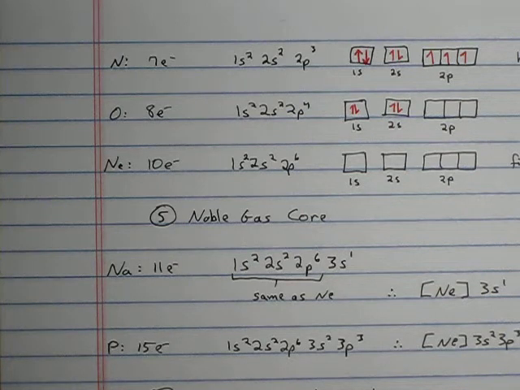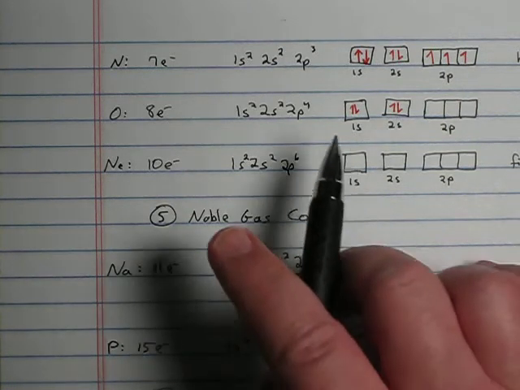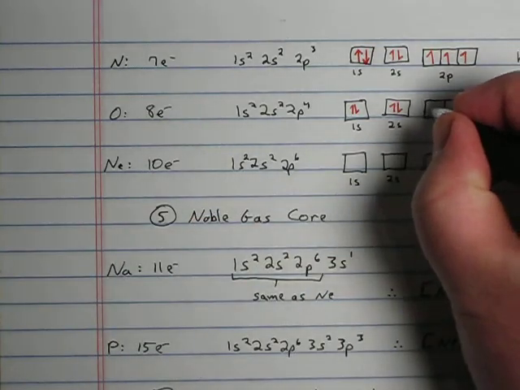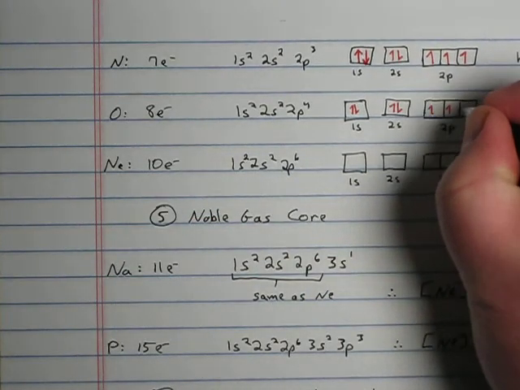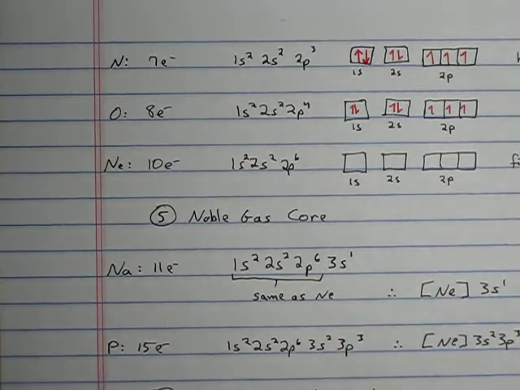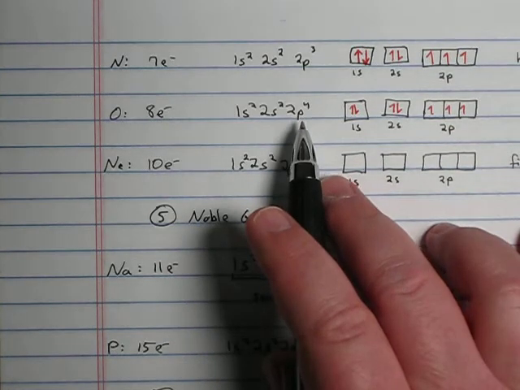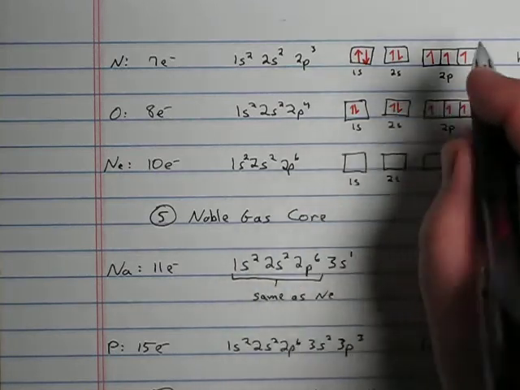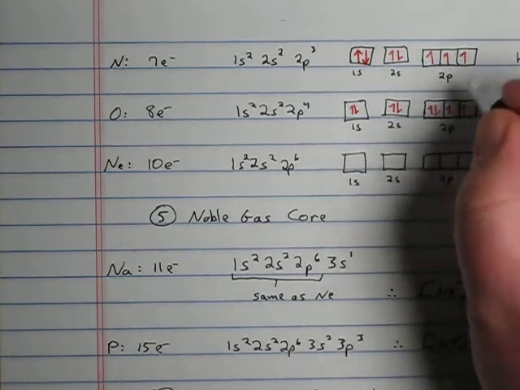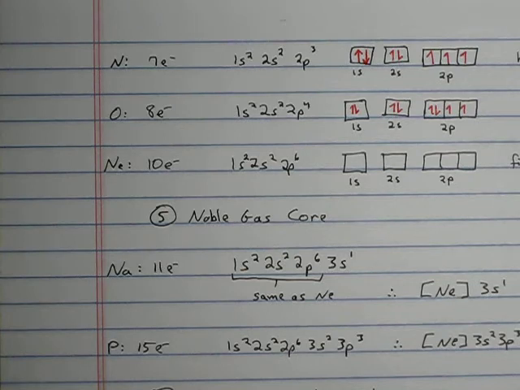When you put in the 4 electrons, follow Hund's rule, and then add the extras. I'm going to put 1, 2, 3 like that. And the 4th one, where is it going to go? It has no choice but to pair up with one of these other spin-up electrons.